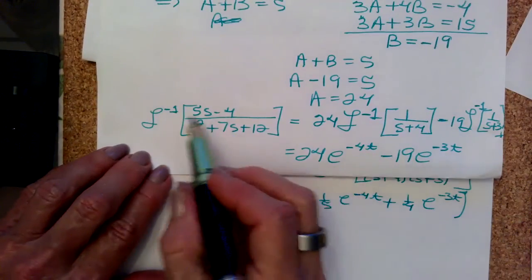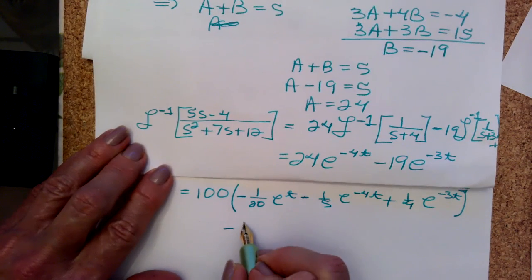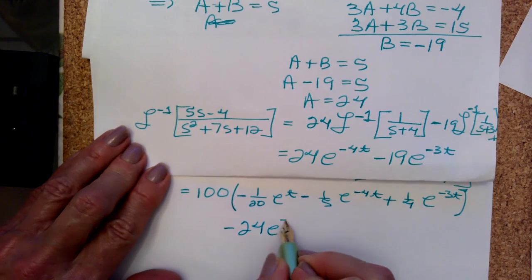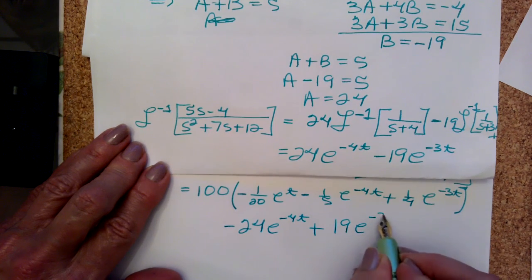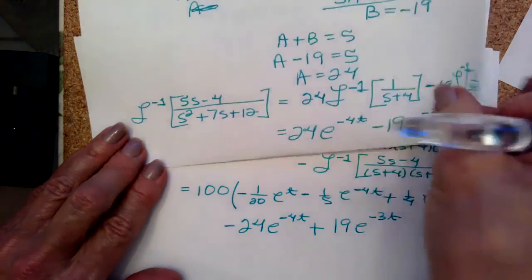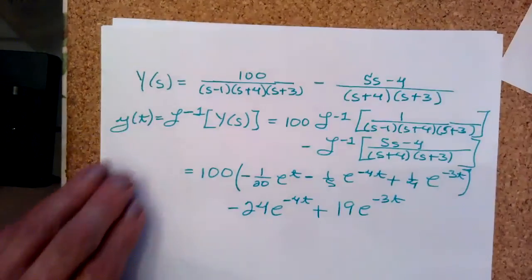We have to subtract this, so this is minus 24 e to the minus 4t plus 19 e to the minus 3t, because you had to subtract that inverse Laplace transform.